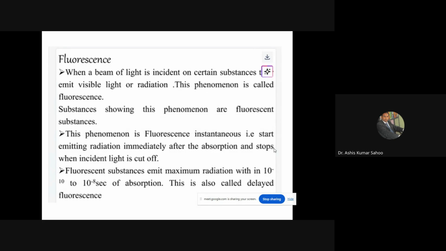Fluorescent substances emit maximum radiation within 10 to the power minus 10 to 10 to the power minus 8 seconds of absorption.